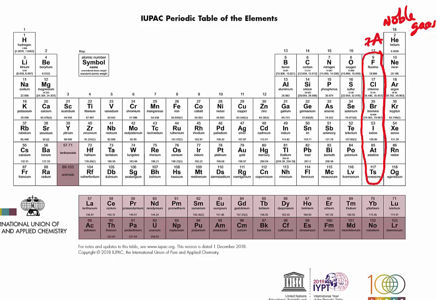Let us now go to group 6A. The elements in group 6A need two more electrons to be like the noble gases. For example, oxygen will need two electrons to be like neon. Sulfur will need two electrons to be like argon, and so on.